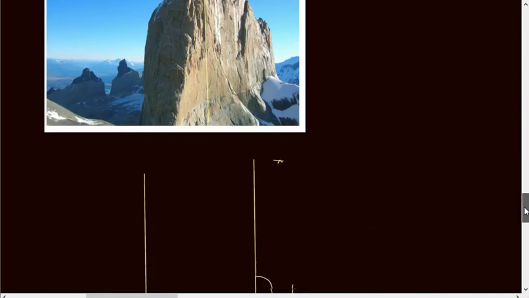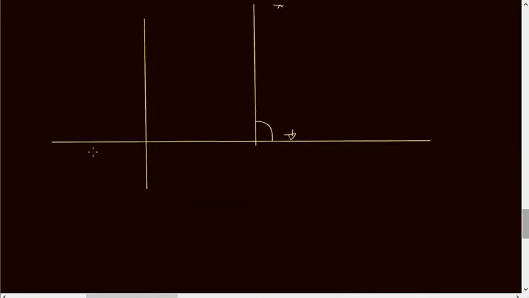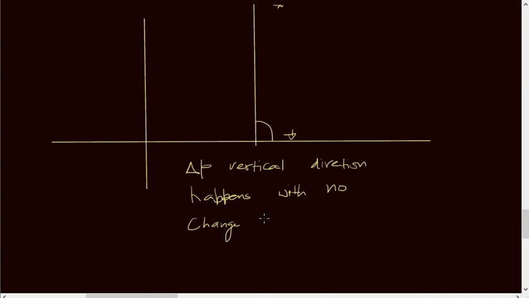So as a result, what happens, the change in the vertical direction happens with no change in the horizontal direction.